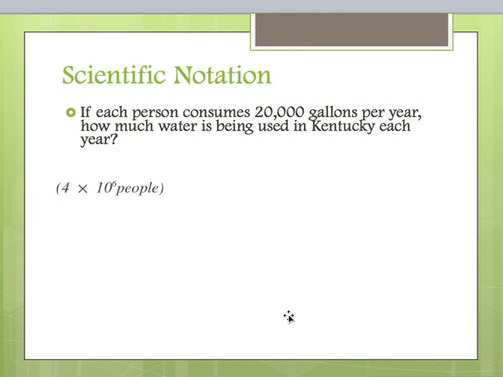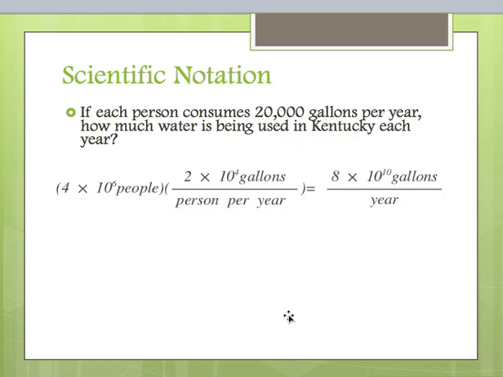We can set up that problem: take our 4 times 10 to the 6th people, multiply it by 2 times 10 to the 4th gallons per person per year, and that gives us 8 times 10 to the 10th gallons. Notice that when numbers are in scientific notation, it's so much easier to work with them. 4 times 2 is 8, and then we're adding these exponents, 6 and 4, to get 10.